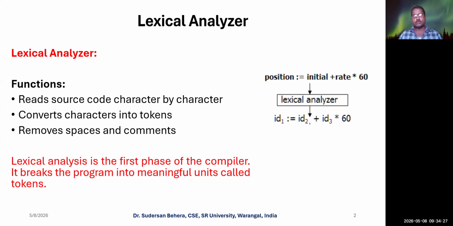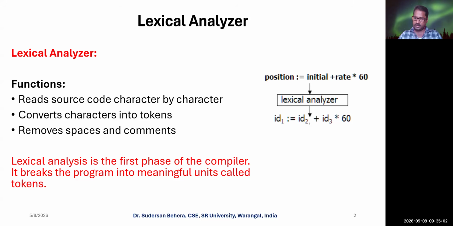So it reads the source code character by character and converts it into tokens. What is a token? A token is nothing but the class of that word. Suppose three consecutive words are there. After reading them one by one, it identifies what type of word each is. Is it a character? Is it a string? Is it a constant?